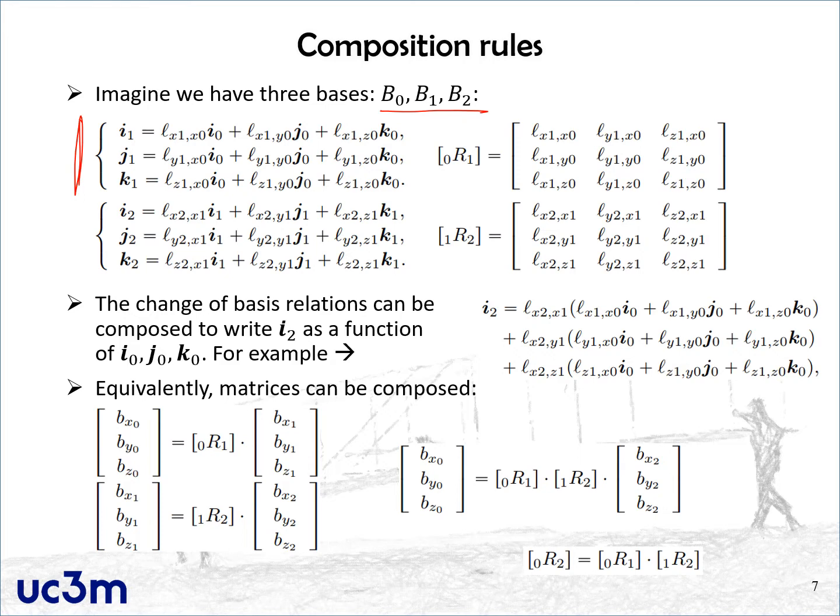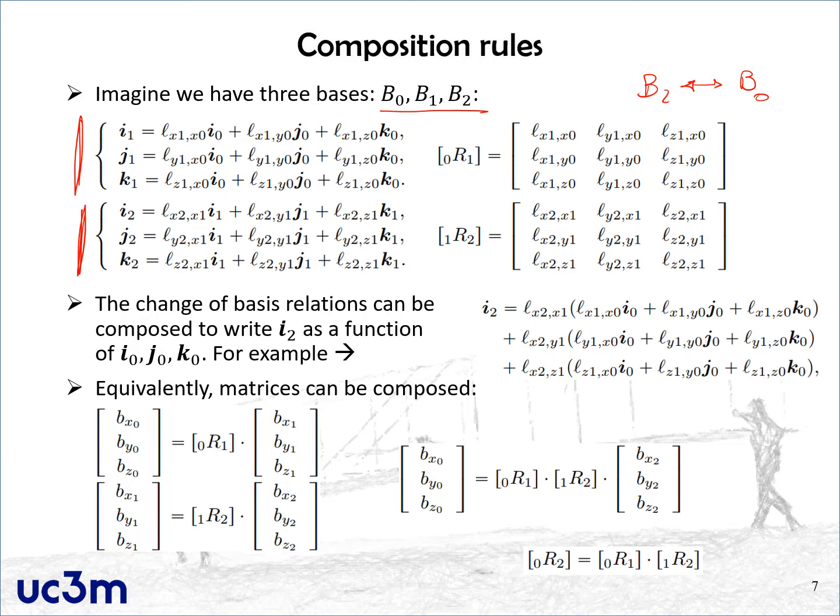It's irrelevant because it's the same information. And imagine that we also have basis 2 in terms of B1. So the question is, can we use this to link together B2 to B0 without passing through basis B1? And the answer, of course, is yes.